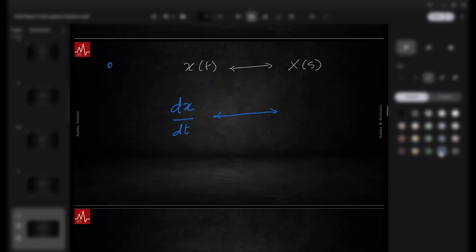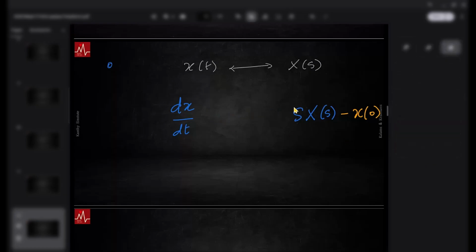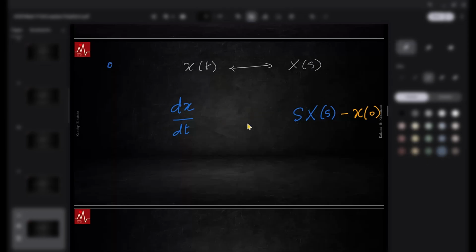That is very good. Yes, s times x of s. And technically, there is also a plus c from that integration hanging around. There is a minus the initial condition. So s x of s minus the initial condition.